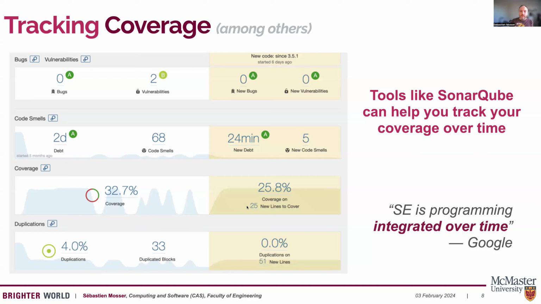The important thing here is that this tool reflects really well the definition of software engineering by Google, which is programming integrated over time. You see here, this blue shade is how the test coverage evolved over time. You can see that it was high, and then bam, something happened, and then it went high again.